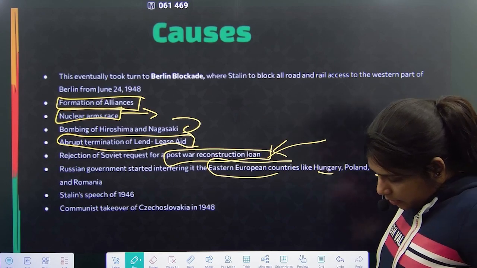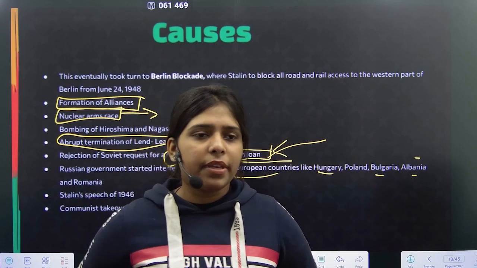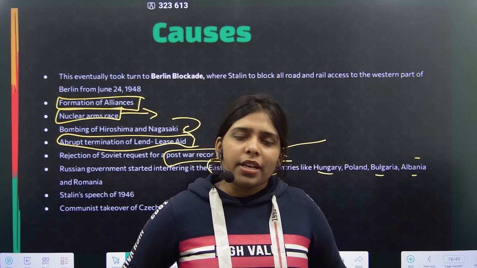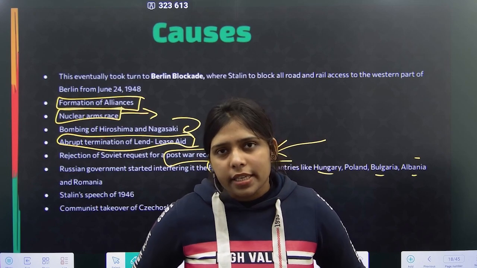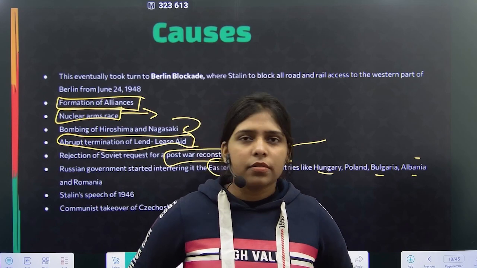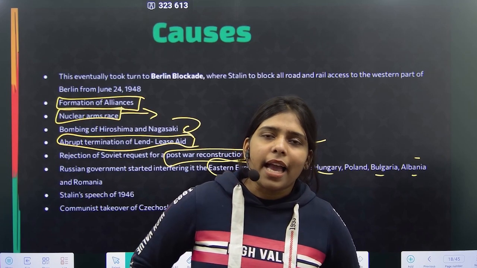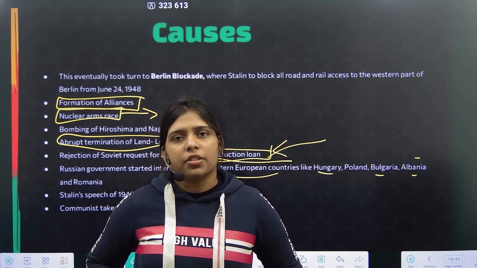What happened after the bombing of Hiroshima and Nagasaki, keeping in mind the events of Yalta and Potsdam Conference also, there was an ideological clash between both the powers. Year 1946, Stalin gave a speech. And in his speech, he said that among capitalism and communism, it can be only one which can emerge victorious.